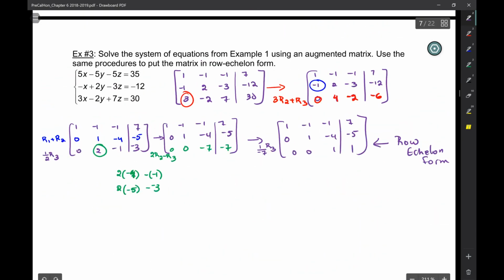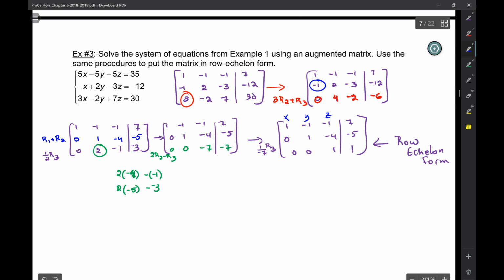Okay, so now this is in row echelon form. Now to solve it, in matrices, this is always the X column, this is the Y column, this is the Z column. So the way you read this is you have 1x, negative 1y, negative 1z. Third row, 0x, 0y, 1z.